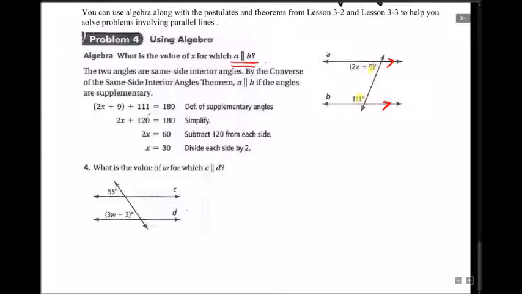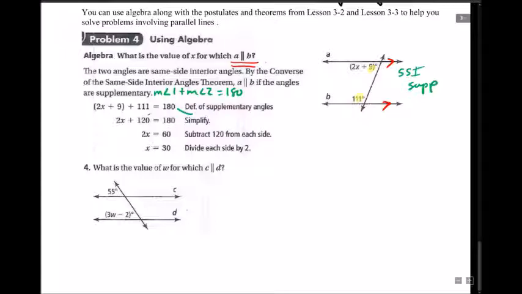I see same side interior angles, and what do we know about same side interior angles? They are supplementary. So the measure of angle 1 plus the measure of angle 2 equals 180, which would be the definition of supplementary.